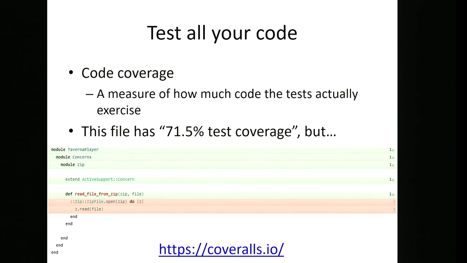So the problem with test coverage is that it shows that this code has been read because it has to read these bits of the code to build the structure of the code in memory. But this method was never called by any test. So these lines, opening the zip file and reading from it, are never called.